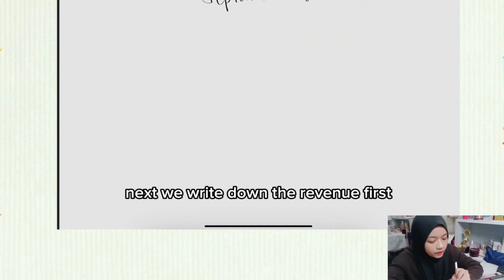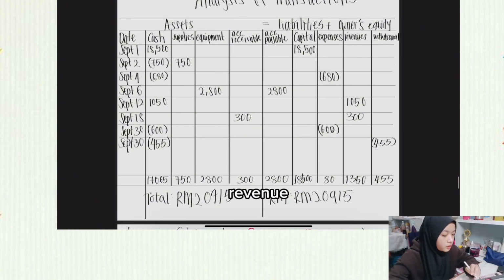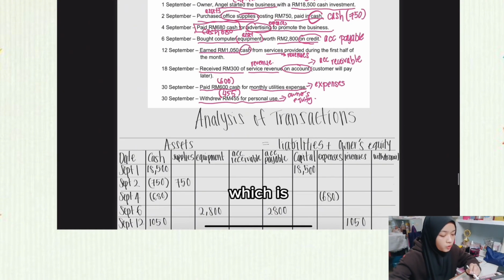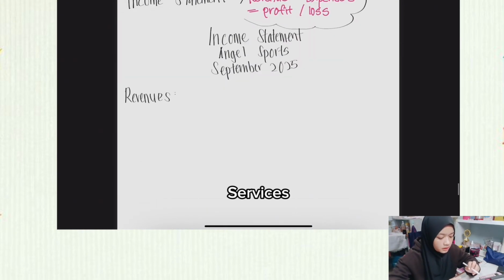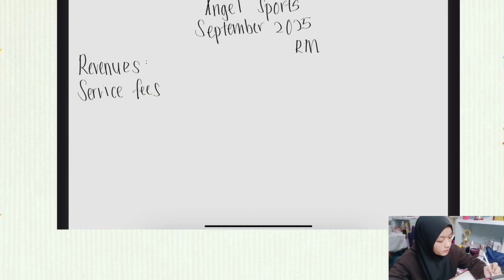Next, we write down the revenue first. Revenue from 12 September, which is services. So, service fees. Don't forget the RM.